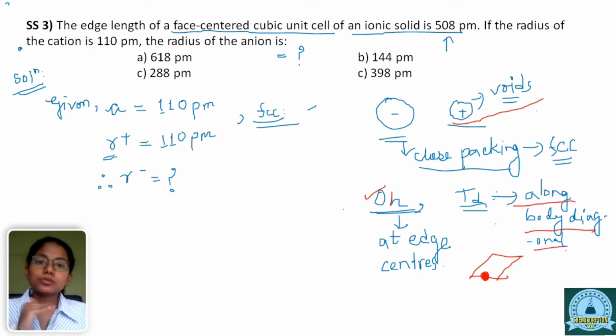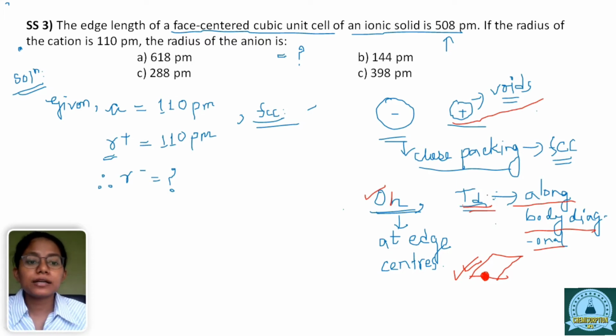To solve the problem from these given conditions, the only possibility is that the cations occupy the octahedral void. Otherwise, if they occupy the tetrahedral void, it is very difficult to solve this problem, as we do not have that data.